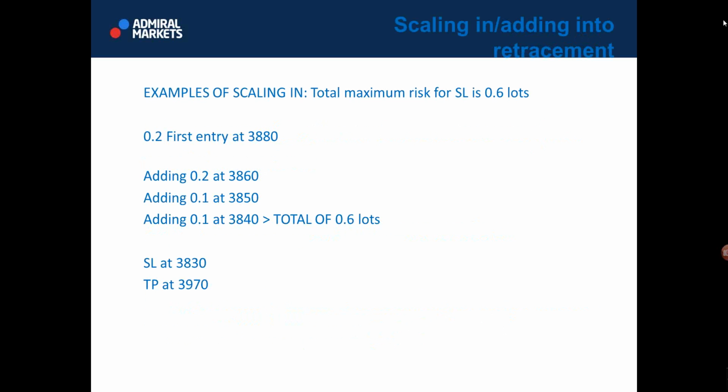Stop loss is the primary thing when you decide to enter into retracement. So you need to have a stop loss. If you trade without stop loss, the first thing, you are not a trader, and the second thing is you should leave the trading behind you, and you should maybe play football or something else.